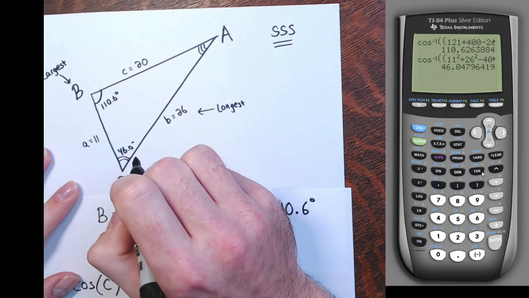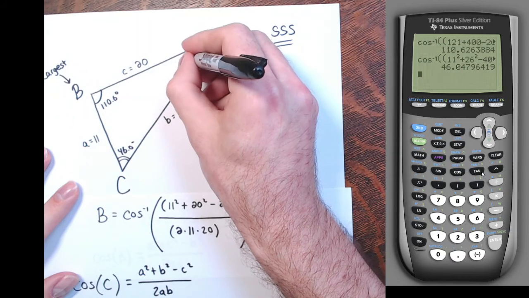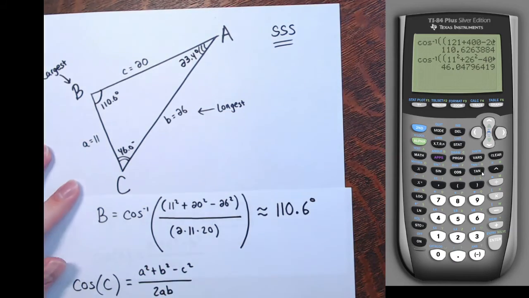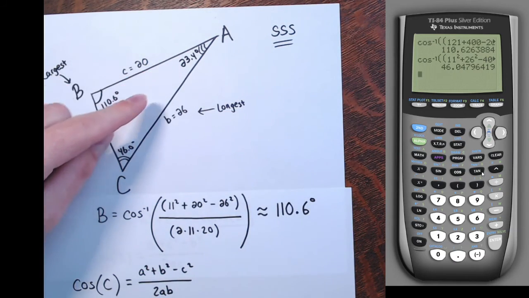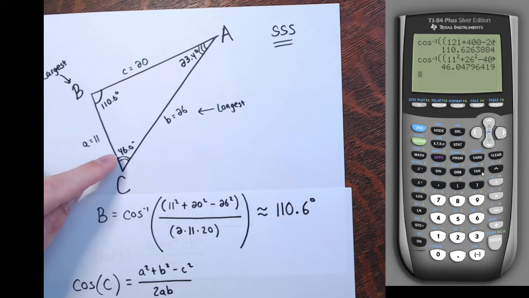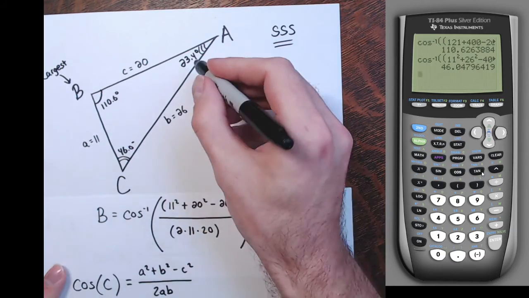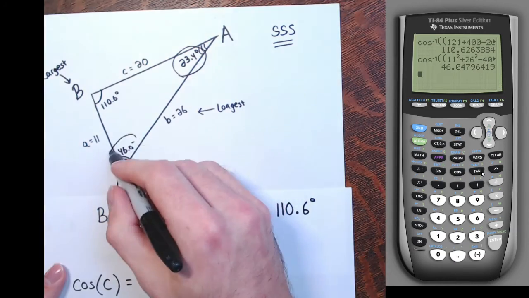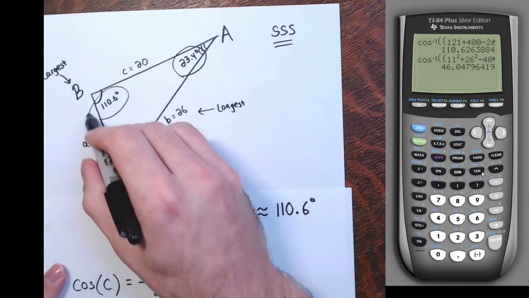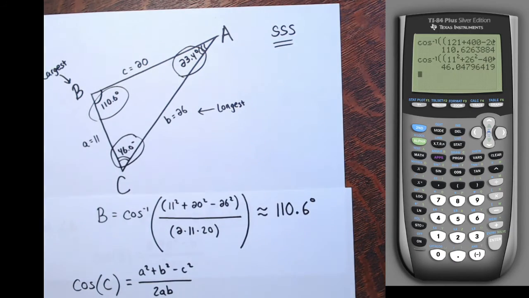That'd be 23.4 degrees. If you add these up, that's 180 degrees. So 23.4 degrees for A, 46 degrees for C, and 110.6 degrees for B.